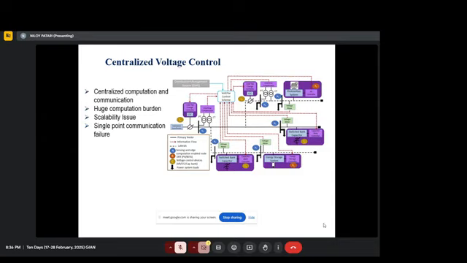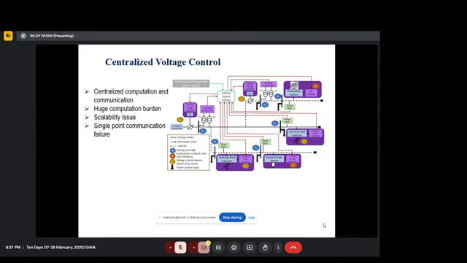So basically, it's centralized computation and communication, with a huge computation burden. The computation burden is huge because suppose you have a 1,000 node distribution feeder, and you have this huge amount of measurements, and then the state variables, the control set points that you have to solve for, may be in the 200s or 300s or whatever, right?